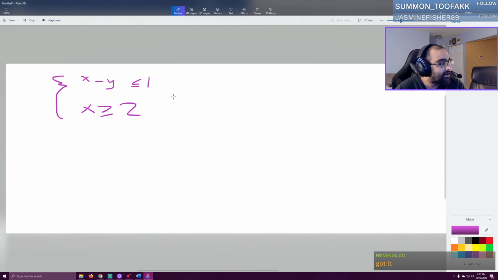All right. Okay, so here we got x minus y is less than or equal to 1. So let's go ahead and solve for y in each case, if we can. So x minus y is equal to 1. So we'll just change that inequality to equals.